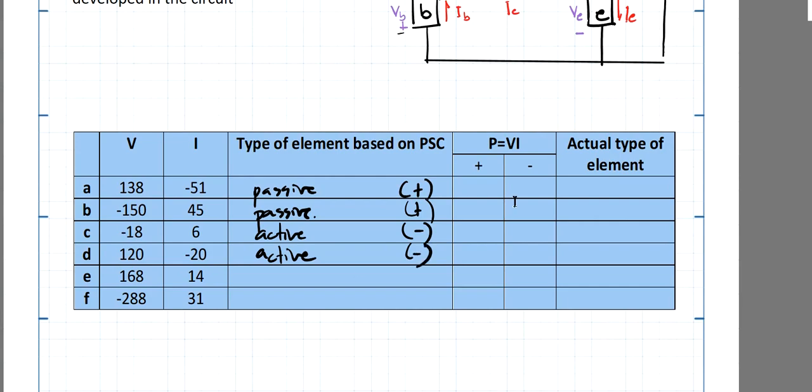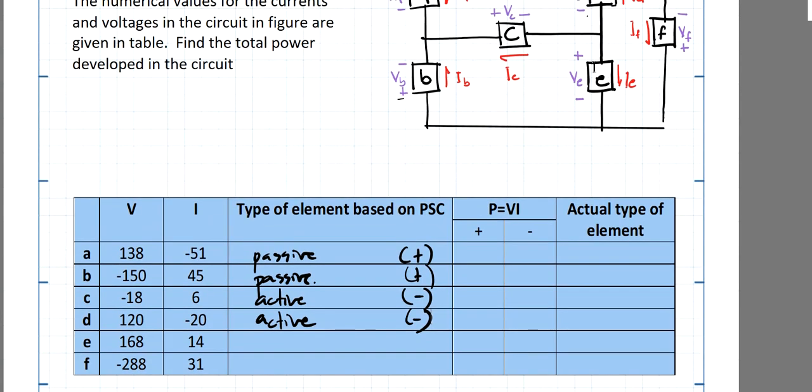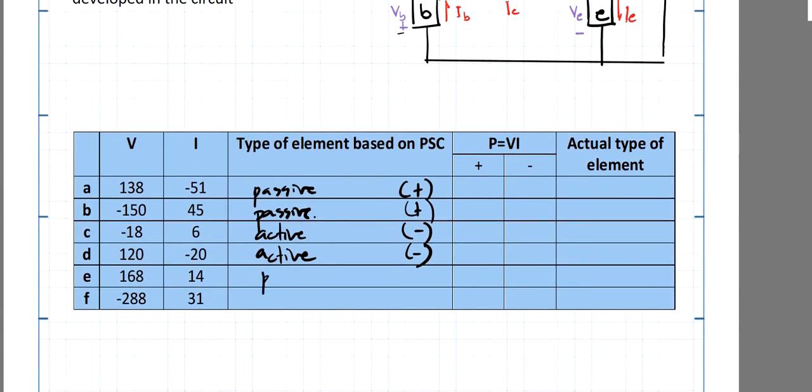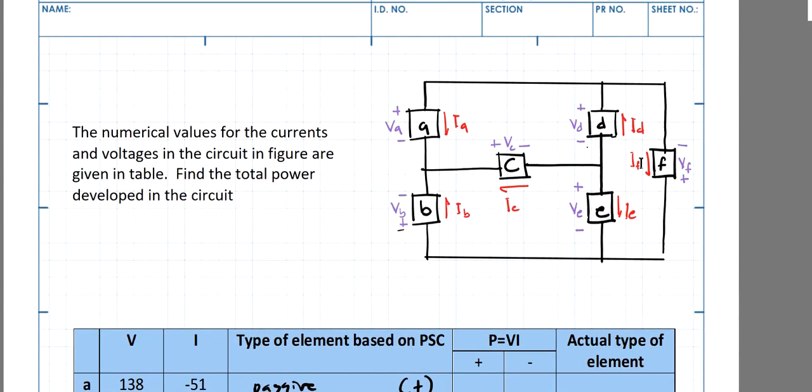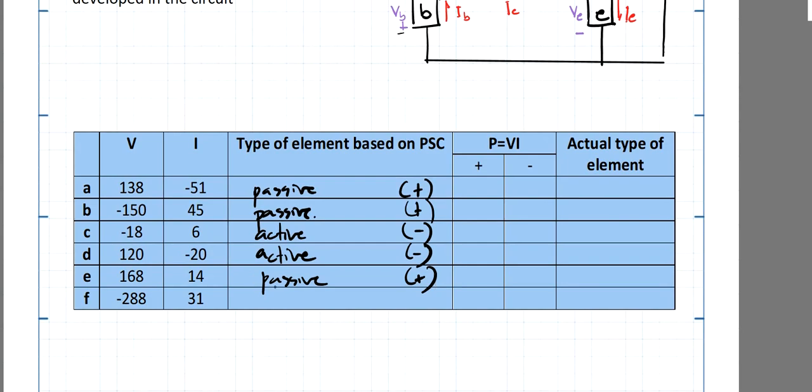And for letter E, it enters the positive terminal. This is passive. And for letter F, lastly, it enters the negative terminal, so this is active. So negative.